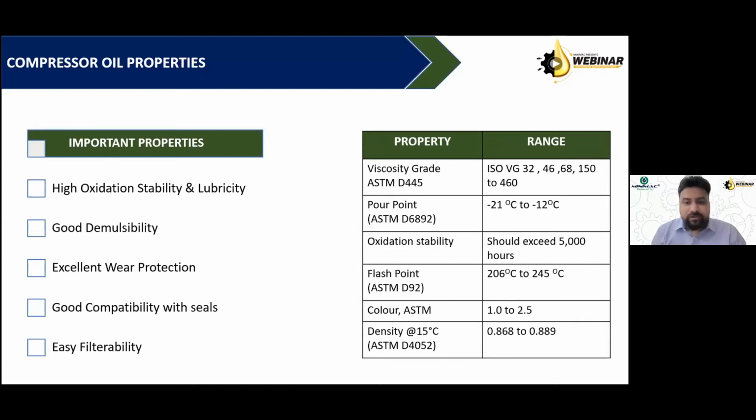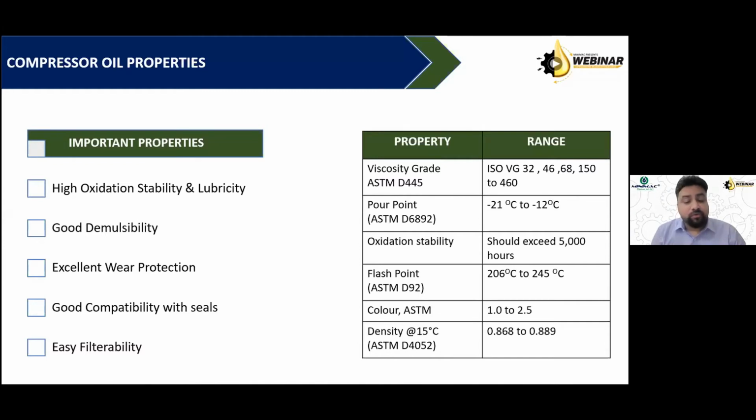In the chart on the right hand side, I won't go into depth in all the properties, but there are two properties which are very different from other oils. That's the pour point and the flash point. The pour point in case of compressor oils is generally lower, meaning it is in the sub-zero range, and the flash point is generally higher.